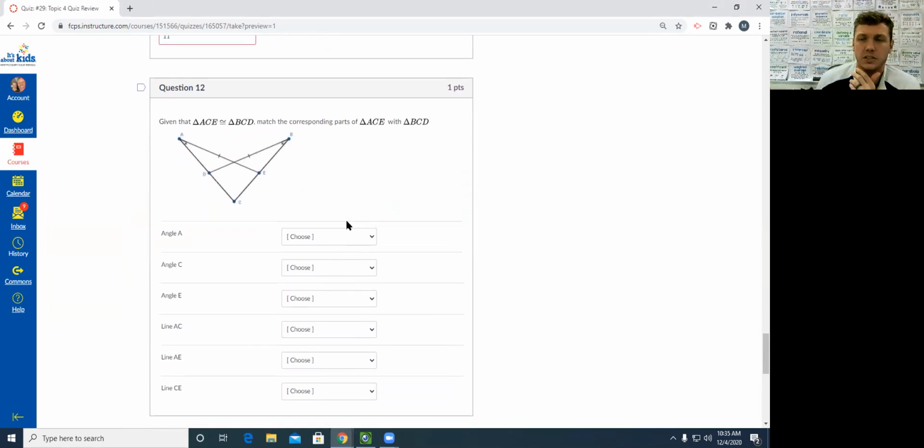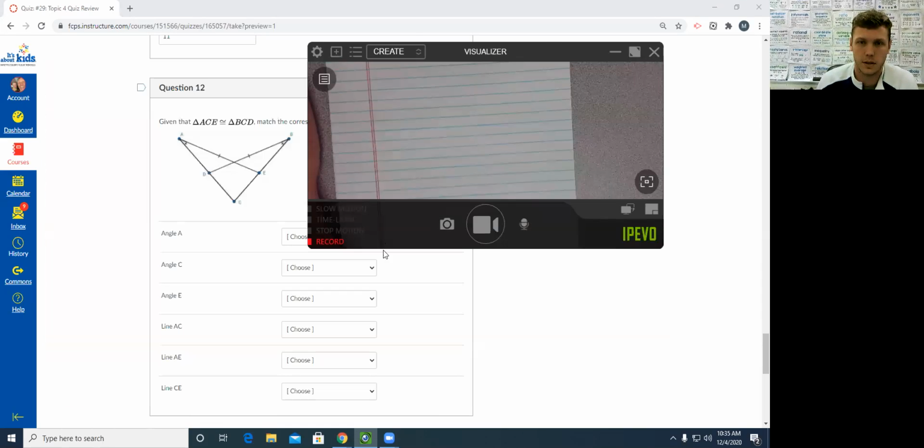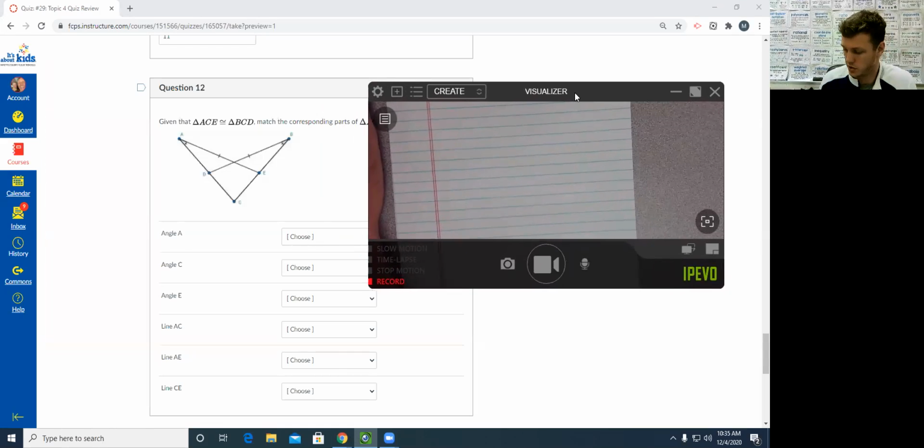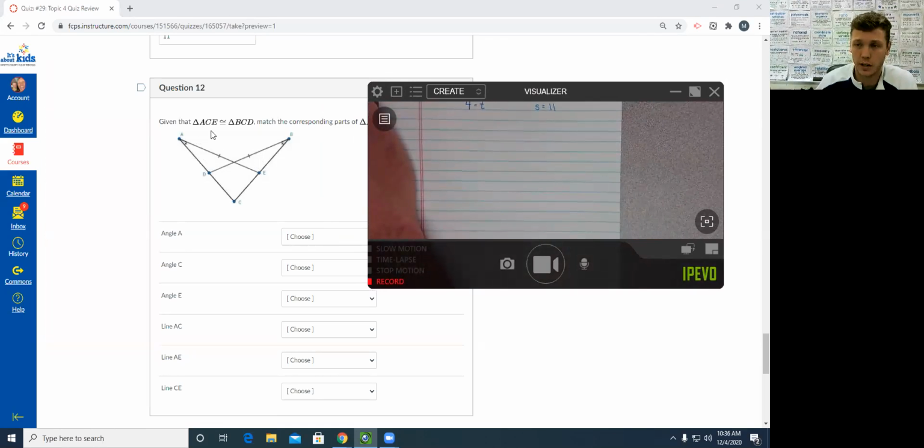Okay, so what I like to do on question number 12 is what we call a deconstruction. So I'm just going to put this off to the side so you can see what I'm drawing. We can see that two triangles are overlapping.